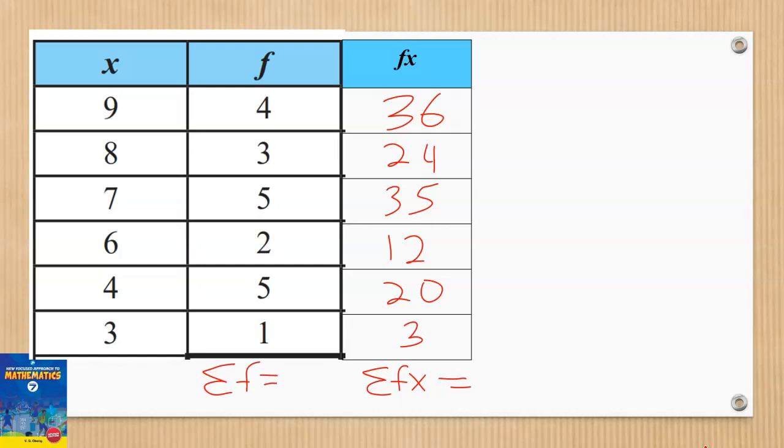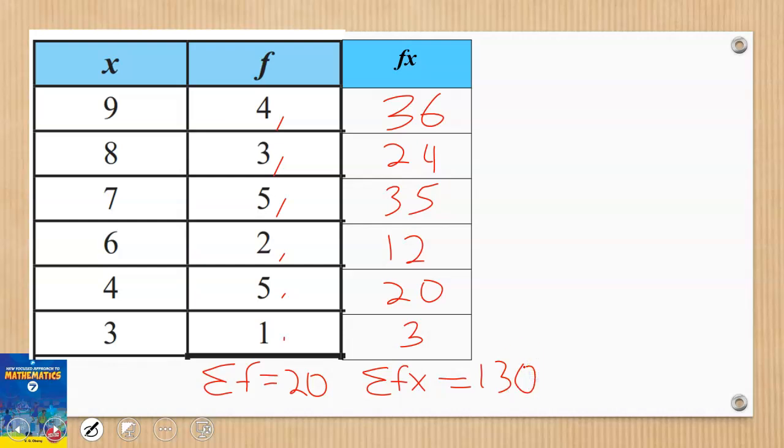So let me sum 4 plus 3, which is 7, plus this 12, 14, 19, 20. So this will give me 20. Now 36 plus 24 plus 35 plus 12 plus 20 plus 3. That should be 130. Good.